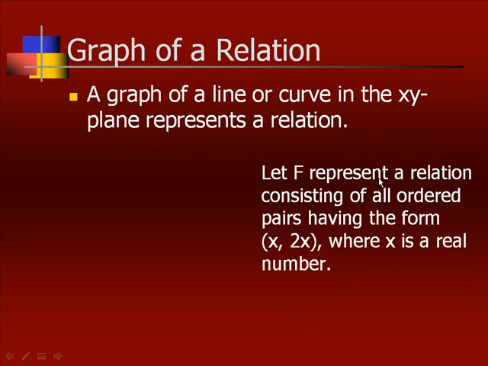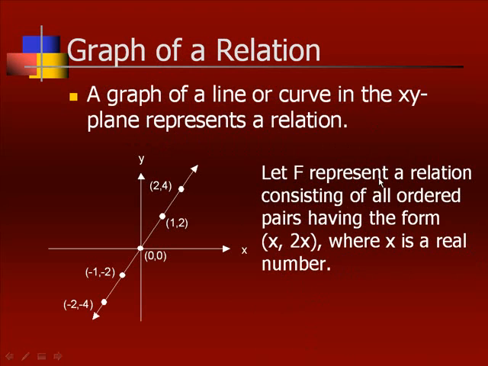Another way to represent a relation could be the graph of a line or a curve. For instance, if it says let f represent a relation consisting of all ordered pairs having the form (x, 2x), what we do is we just pick some numbers. If we pick x as 0, then y would be 2 times 0, which is 0.